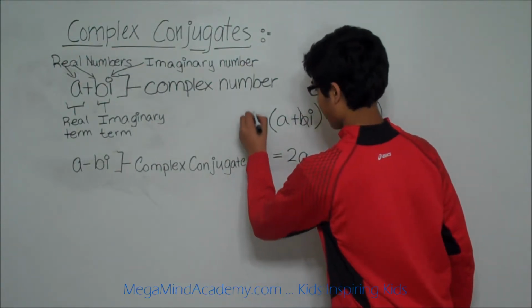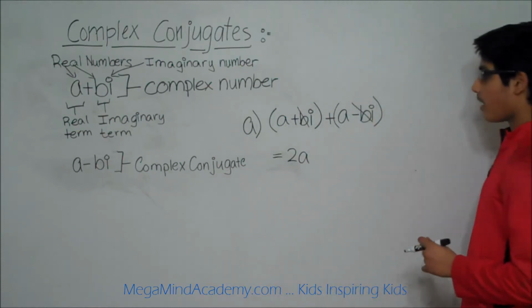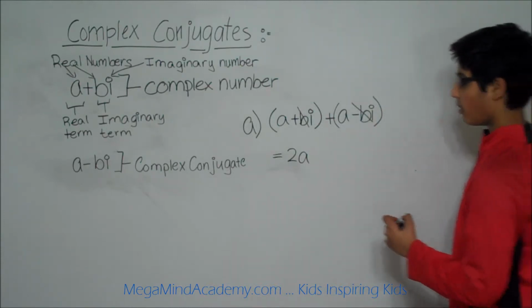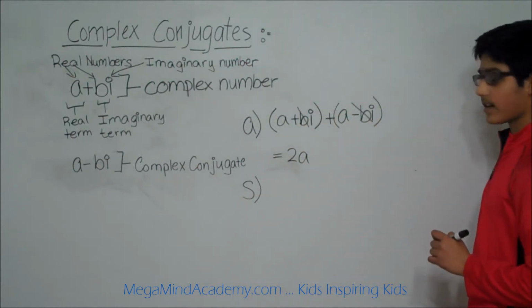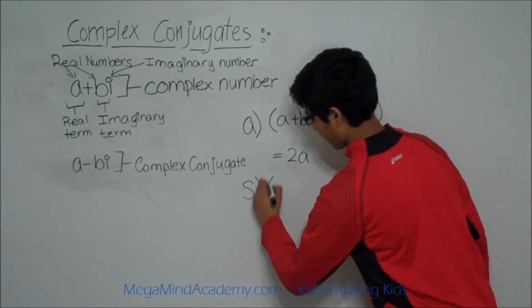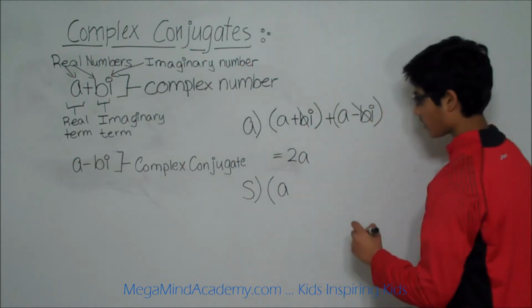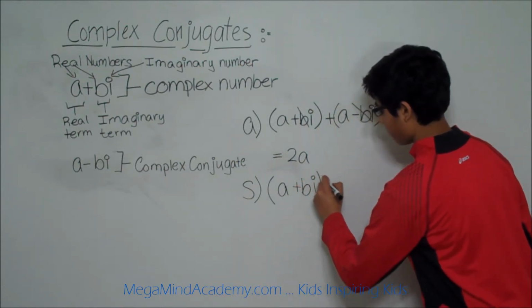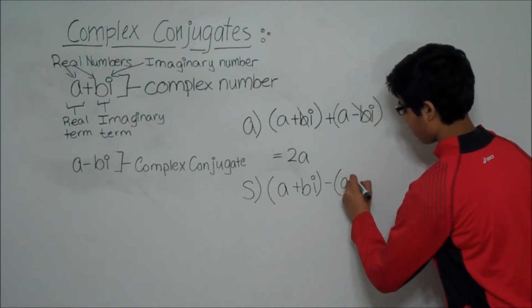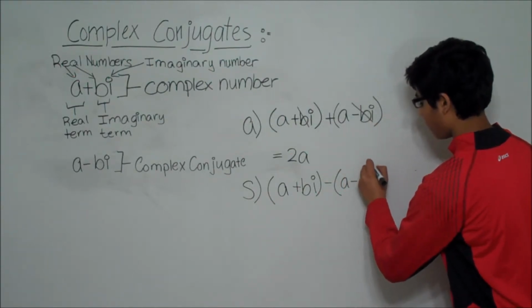So this is addition. Now, let's see what happens when you subtract. When you subtract, you have a plus bi minus a minus bi.